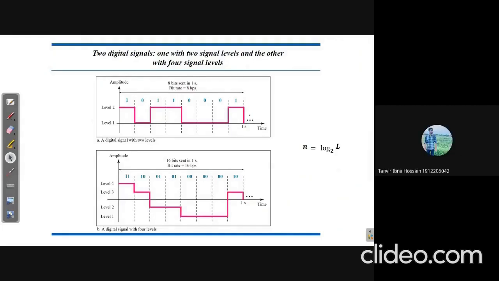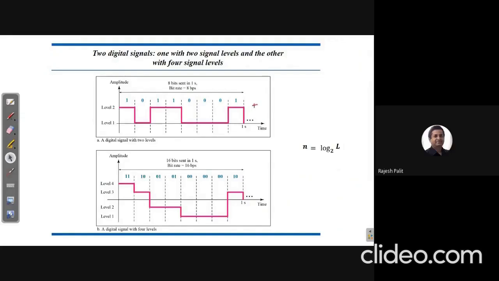And what is the length of each bit? Definitely 1 by 8 second.